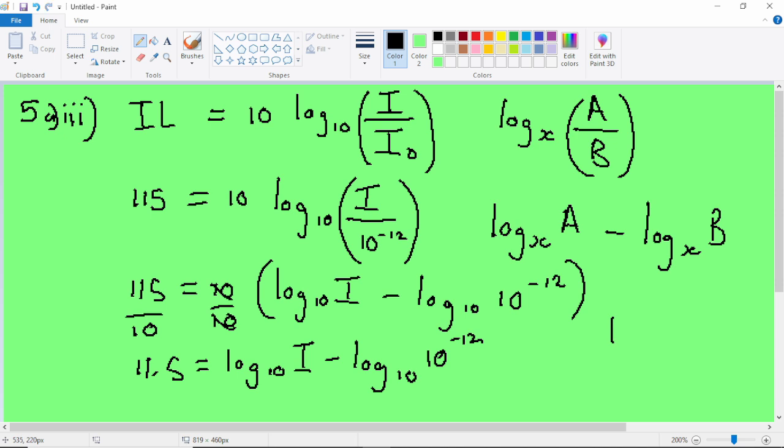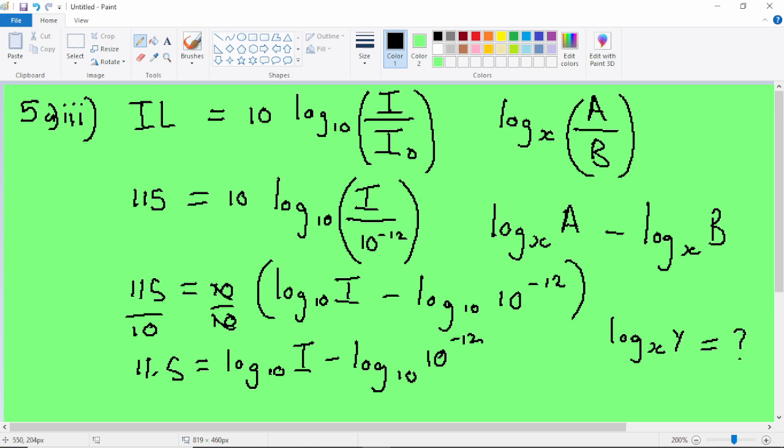If I have log and I have a base here, let's say base x, and I have a number here, call it y, and I say that is equal to the answer. You can put a question mark for the answer.